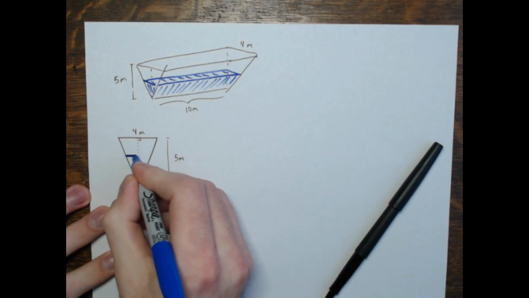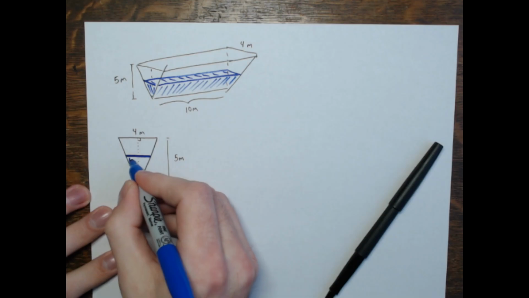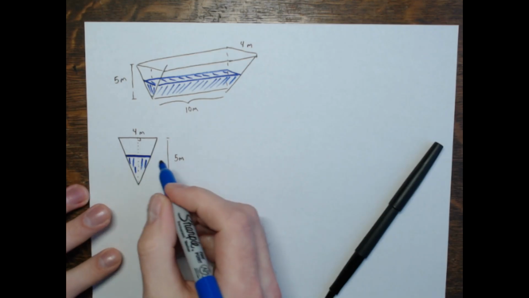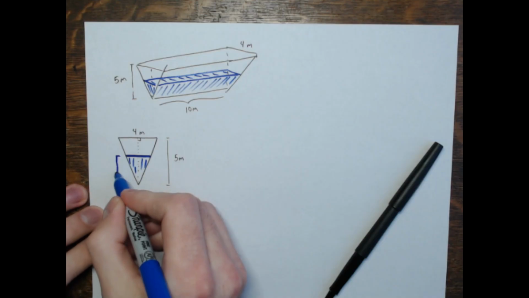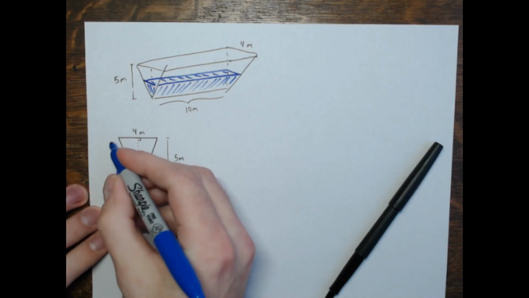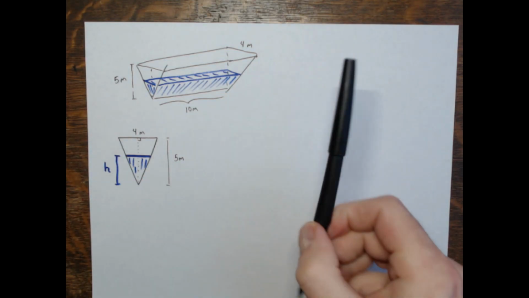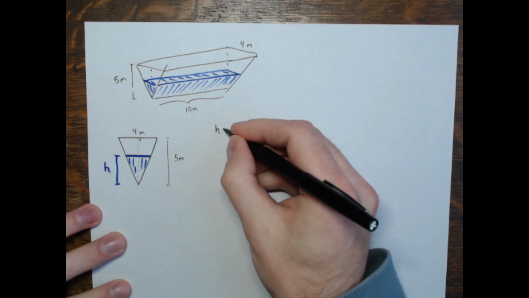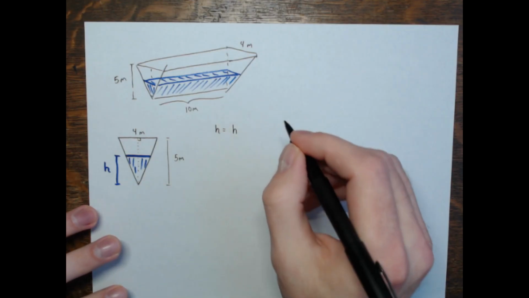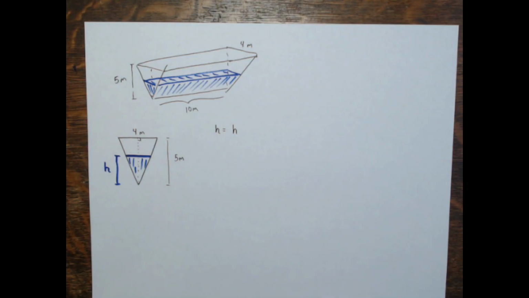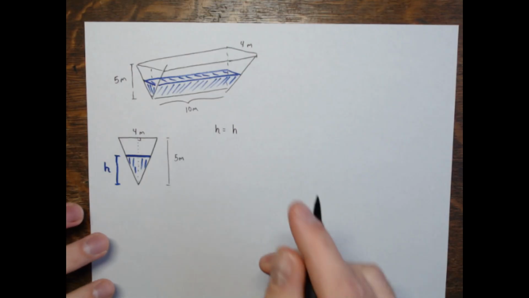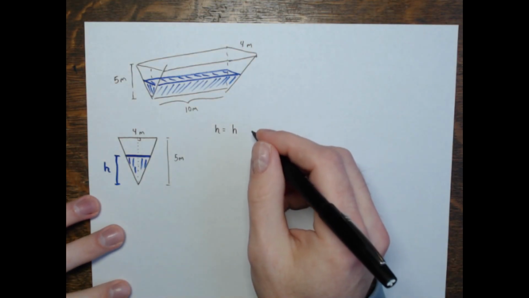And it's filled up with water to some height. Okay, so this here, I'm going to put h. So I'm going to have h be the height of the water at any given time, because that's what we're asked about. We're asked at what rate does the height of the water change when the water is 3 meters deep.